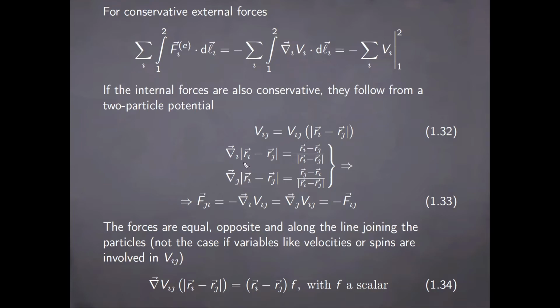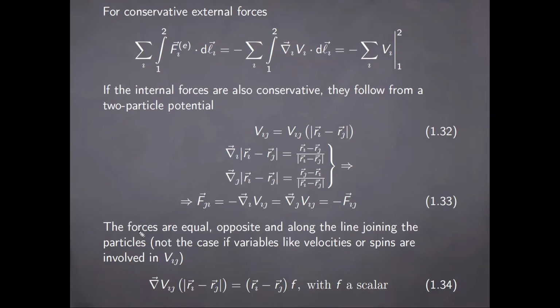And in this case, it's very easy to show that if you take the relative distance between particles i and j and you apply the gradient with respect to the coordinates of particle i, then the result is a unit vector pointing along the line joining the particles and directed towards particle i. While if you take the gradient of the same expression but with respect to the coordinates of particle j, this is a unit vector pointing in the opposite direction, so pointing towards particle j.